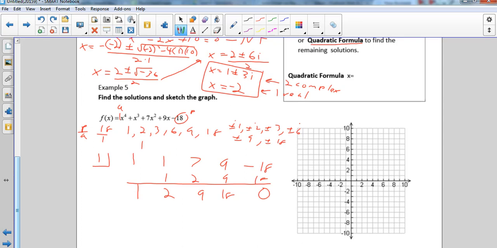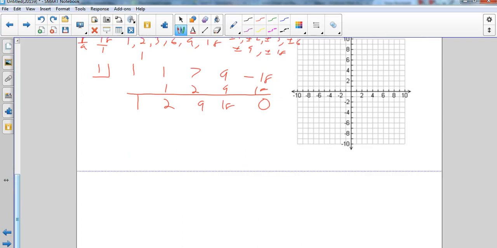So we're going to do 2 things here. I'm going to do the synthetic division, and then we're going to go back and talk about what else we could have done. So I'll put my negative 2 here, drop down, negative 2, add, multiply, add, multiply, add. There's my 0. I have my 1, 2, 3 numbers.